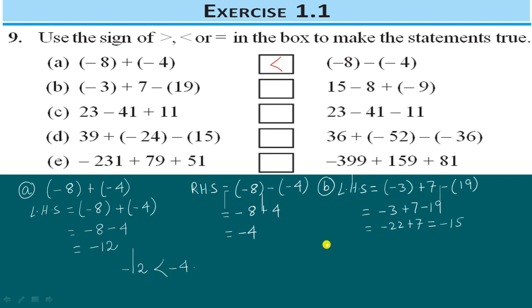And on the right hand side we are getting 15 minus 8 plus of minus 9, right?